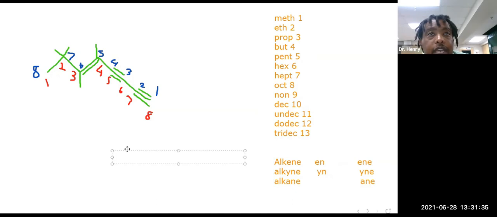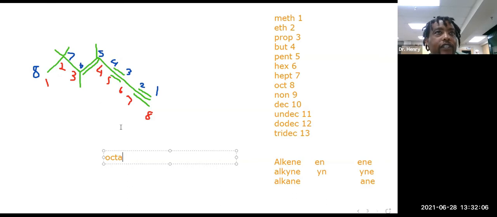Okay, so what is going to be our last name? How many carbons do we have? It's 8, so it's going to be oct. And it has 2 triple bonds, one on the 5 and one on the 7.